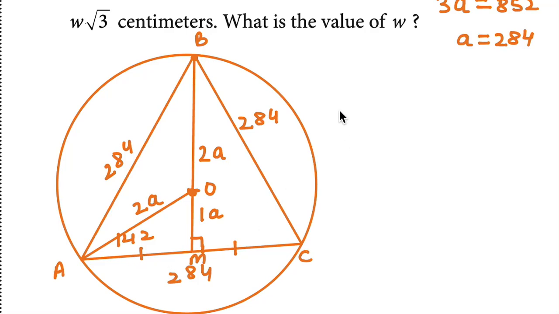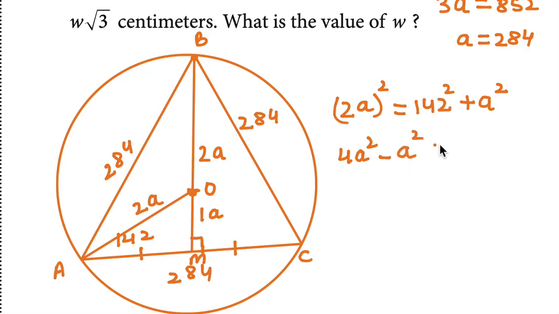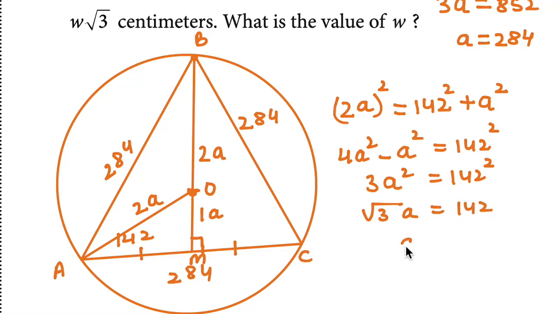So now we can solve the question, because this is Pythagoras. 2A squared is equal to 142 squared plus A squared. 2A squared is 4A squared. I am doing two steps simultaneously, and subtracting A squared on both sides, 3A squared is equal to 142 squared. Doing square root on both sides, root 3 A is equal to 142.